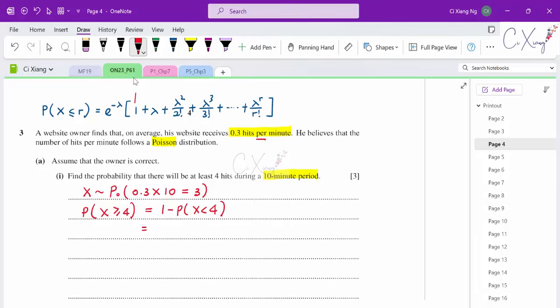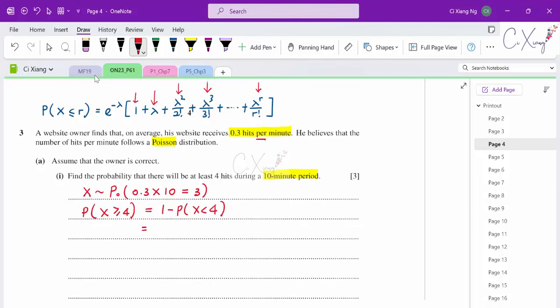This is actually the probability of x equals 0, multiplied by e to the negative lambda inside, then the probability for x equals 1, x equals 2, x equals 3, and so on until x equals r. This can save a little bit of our time when pressing the calculator.